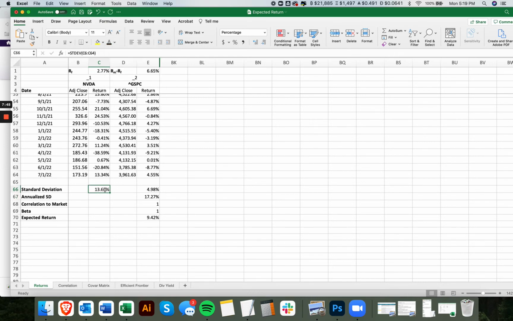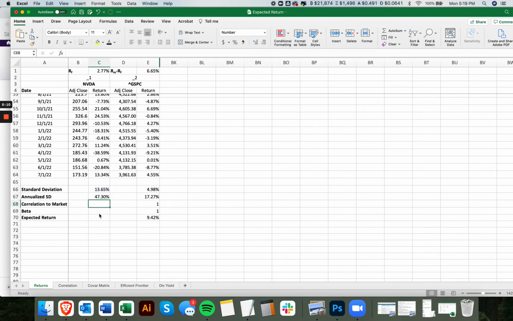That's weird, I had that in as white text. Okay, so there we go, 13.65%. We're going to multiply this times the square root of 12. This just annualizes this figure.